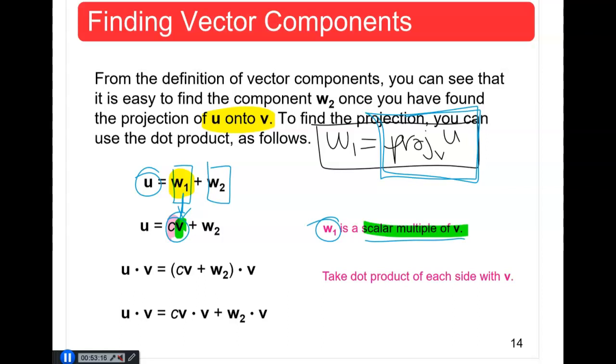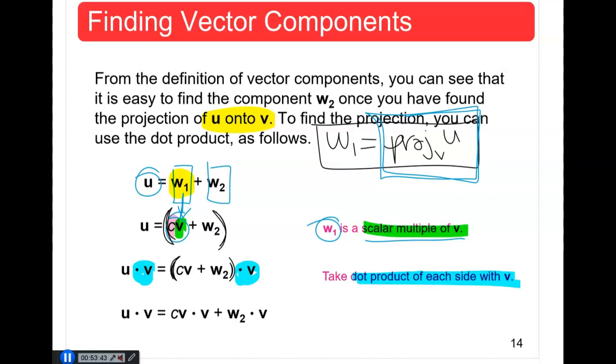So from here, what we're going to do next is take the dot product of each side with vector V. That's the step you can see here. We do that to both sides of the equation, and the parentheses you see here are just put around our previous step, the right side of the equation.